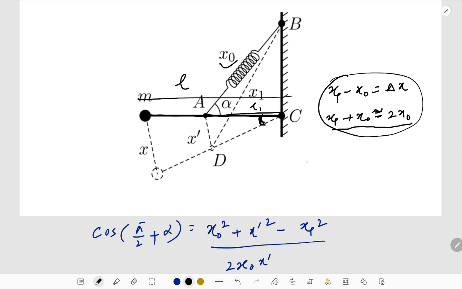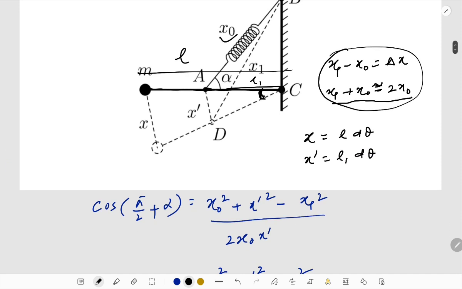That means x equals L d theta, and x dash equals L1 d theta, and then I can write x upon L equals x dash upon L1. Yeah, and then x L1 equals x dash L.